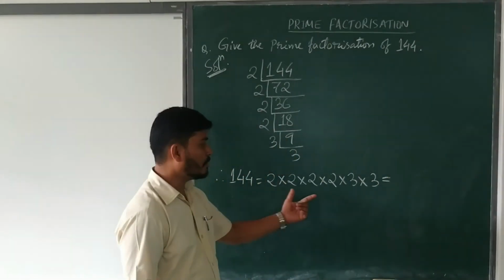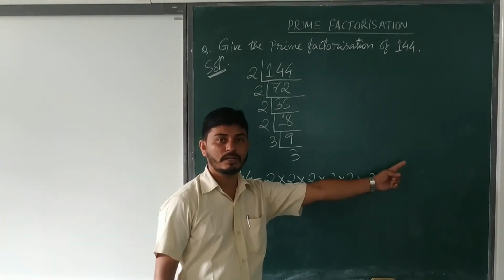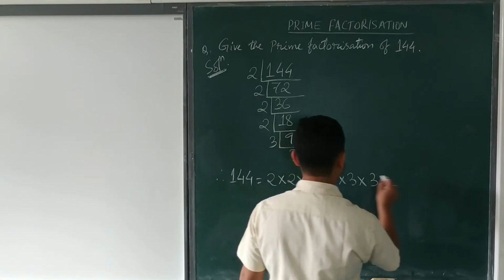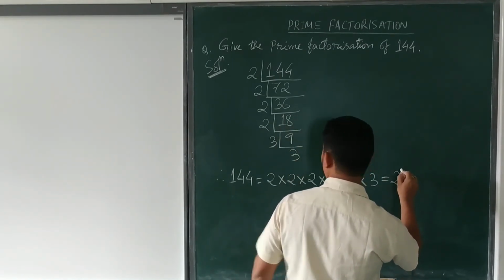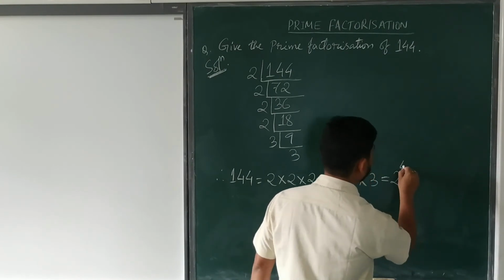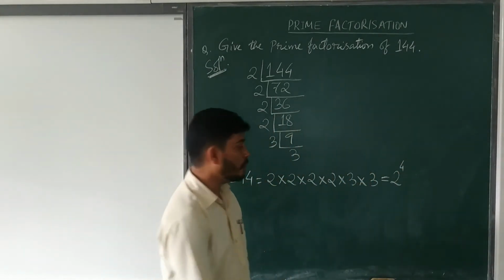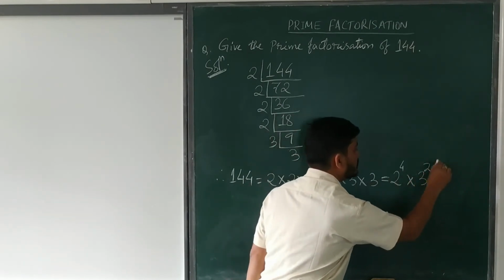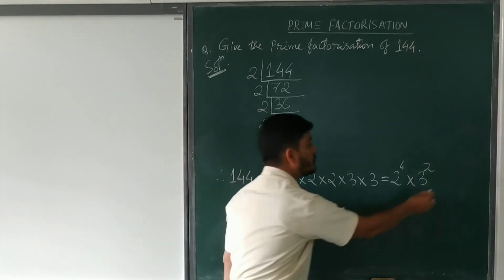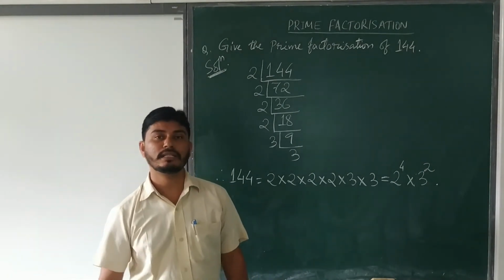Now this must be expressed in the form of power notation. So here the factors are 2 and 3. 2 is multiplying 4 times, so 2 raised to the power 4, and 3 is multiplying 2 times, so 3 square. So that's how we factorize a given number.